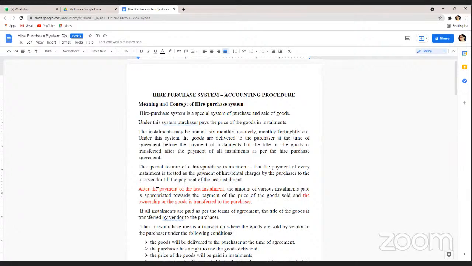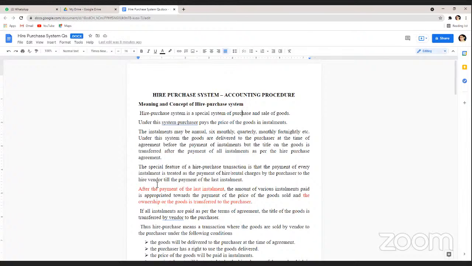The installments may be monthly, quarterly, six-monthly or annual. As per the agreement, the purchaser pays these installments on a regular basis, and he uses the product.